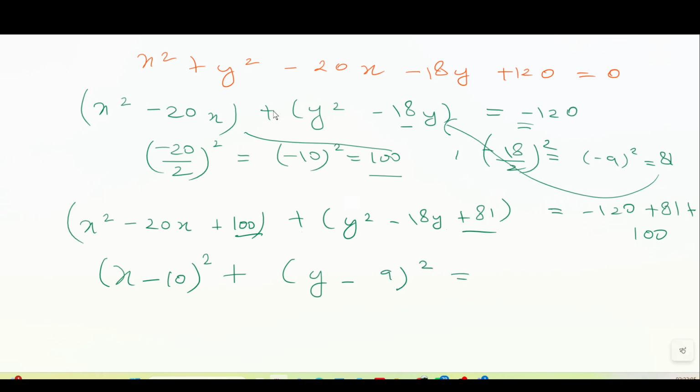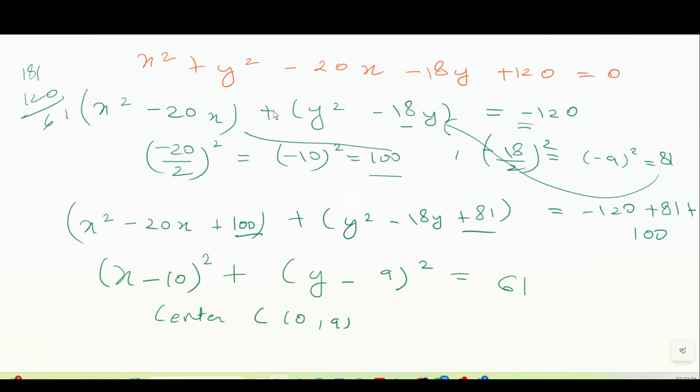Then if we simplify this, this will be 181 minus 120, which is going to give me 61. So the center coordinates are 10 and 9.